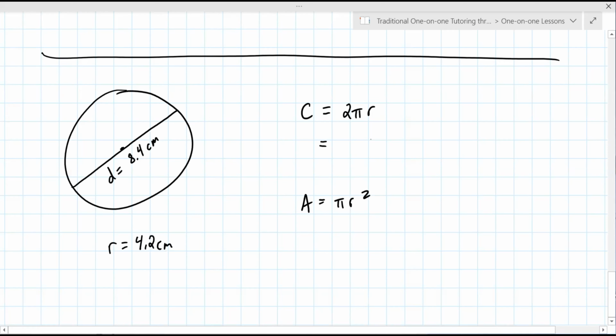Now for the circumference, it's 2 times pi. Pi is 3.14, and the radius is 4.2. If you enter exactly what I have written here, you will get the correct answer.